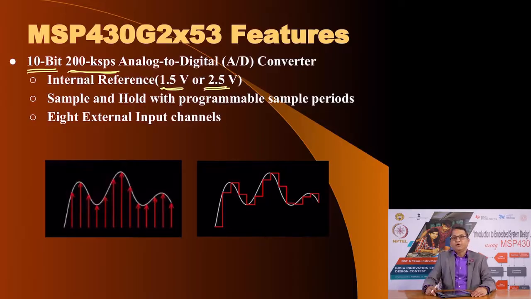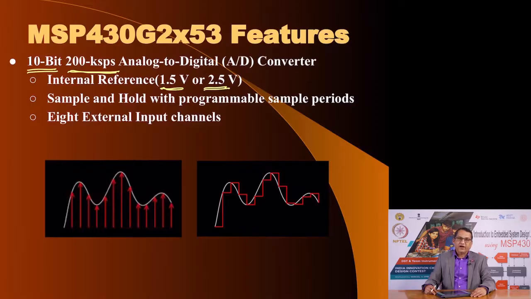Of course, if you are going to utilize an internal 2.5 volts of reference voltage, then your supply voltage has to be obviously higher than 2.5 volts. You could also have an external reference voltage, and we will see the pinout of a sample microcontroller. You will see that there are certain pins on which you can connect external reference voltages.